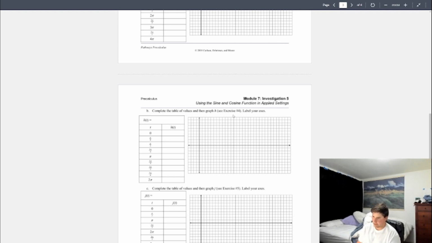It makes it more bunched. There's more peaks and troughs, or there's less per 2 pi. And why do we care? I know it's important. I don't know why.